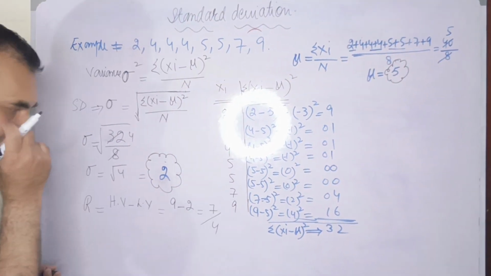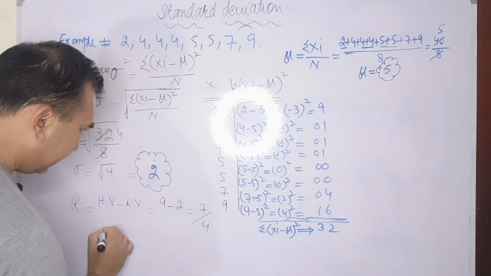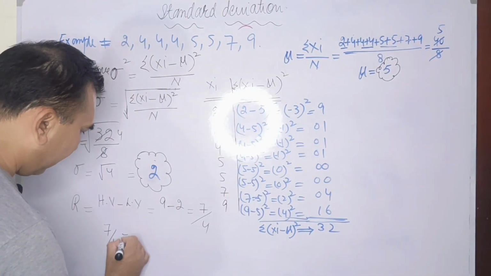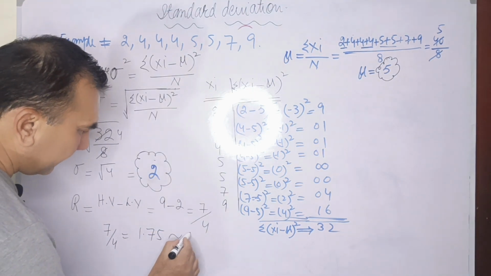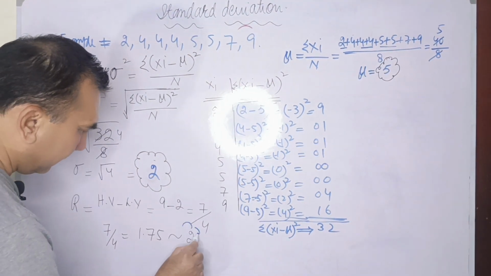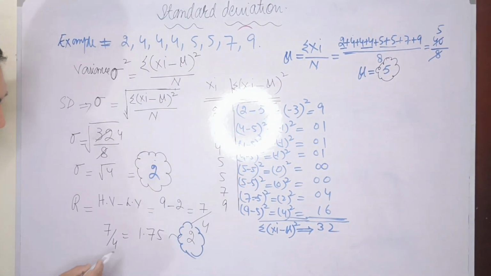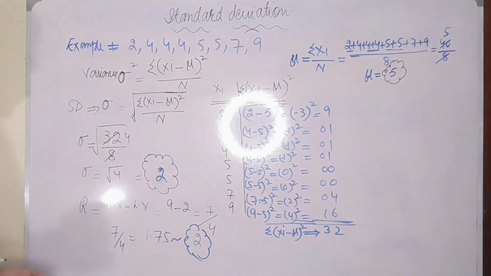When we divide 7 by 4, it comes to 1.75. When we round up, it comes to 2.